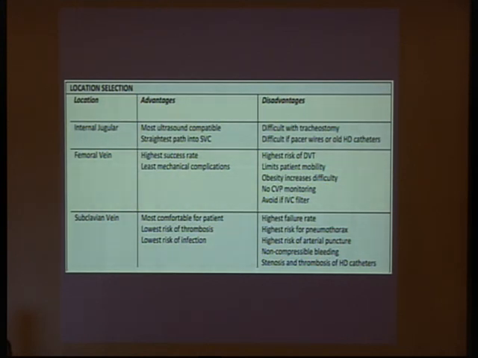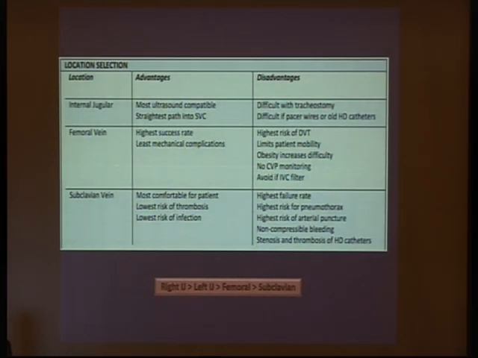We should avoid subclavian cannulation for hemodialysis catheter insertion. So, right internal jugular is our first choice, followed by left one, then femoral, then subclavian at the bottom of the list.